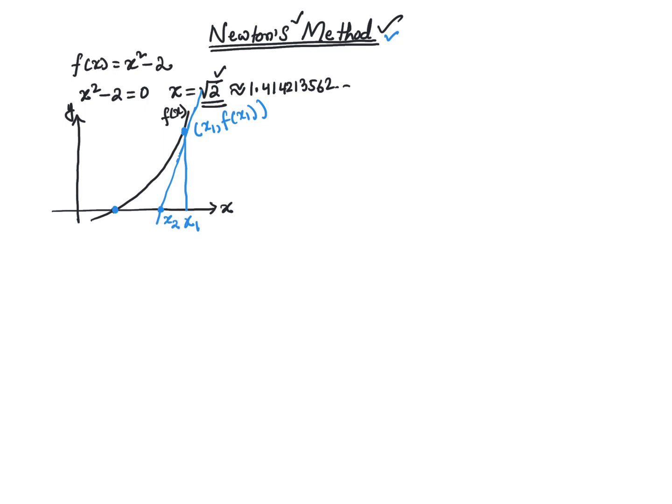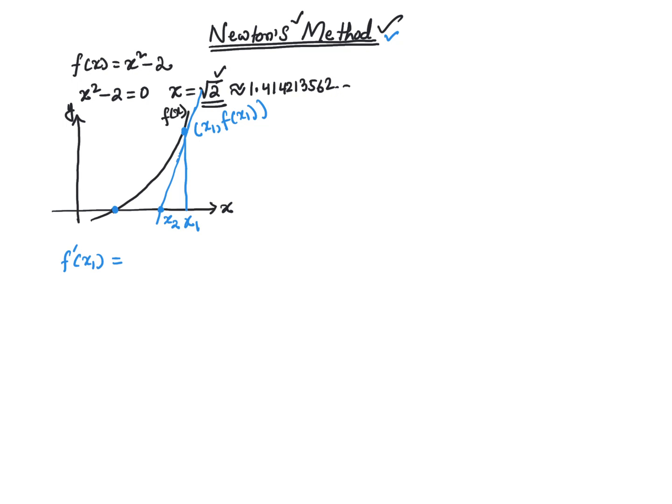Now, what is the equation of this tangent line? Which is very easy. That's the slope of the function, right? So f prime of x1. So the slope of the tangent line at point x1 and f of x1 is this.